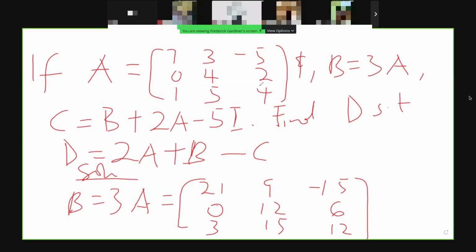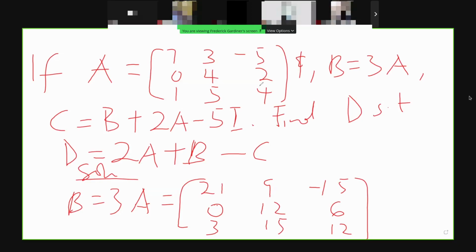Please, sir. But you see, we cannot find the literal expression first before calculating. Like for the C, we know that B equals 3A.